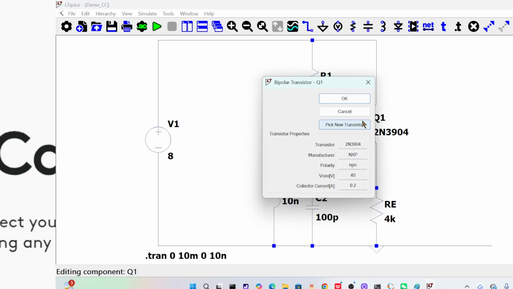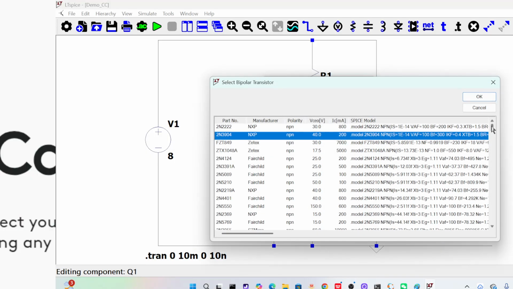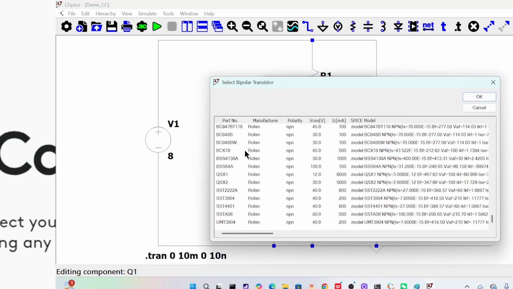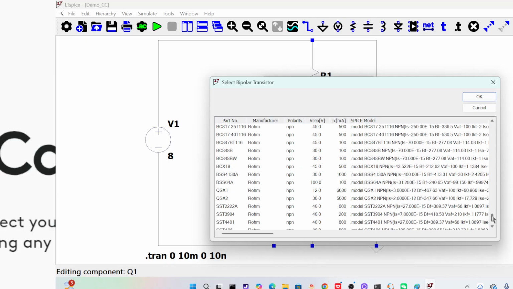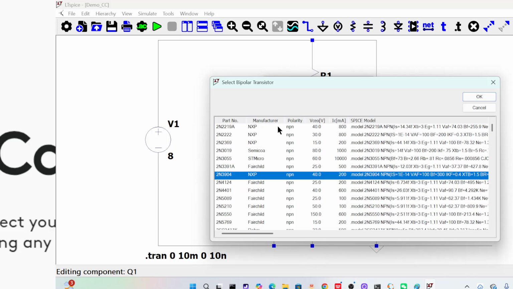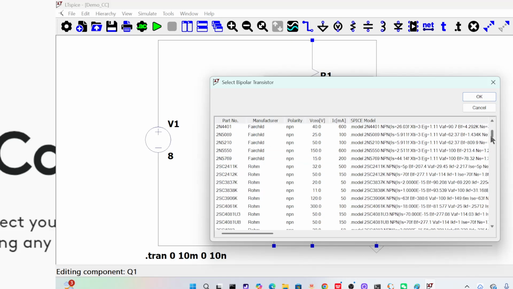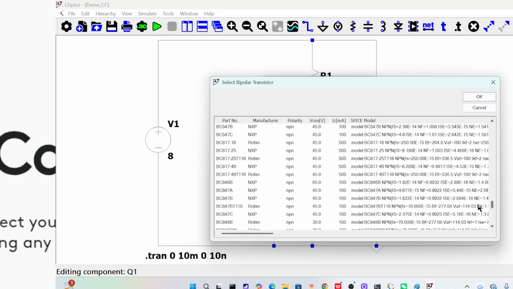Here is my suggestion. One of the transistors that I have tested before is BC546. So this is the one.